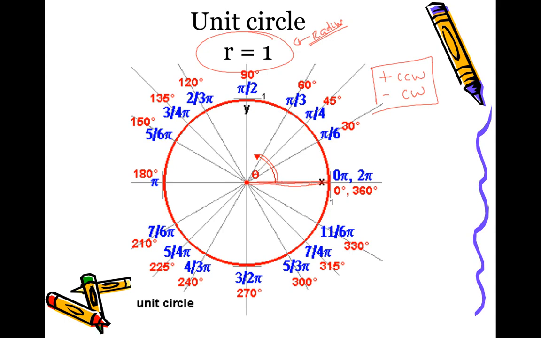The radius, this length right here, is 1. What's this length? Oh, also 1. What would this length be? Also 1. What if I did this right here? What is this angle called? Oh, that's a reference angle. So maybe you're starting to see why these are so important.